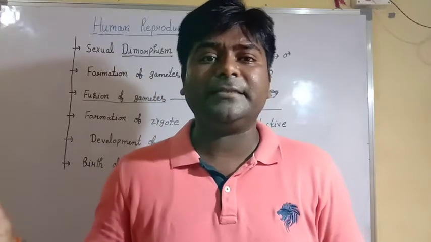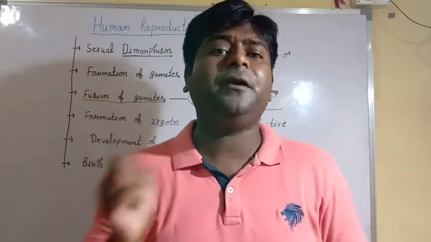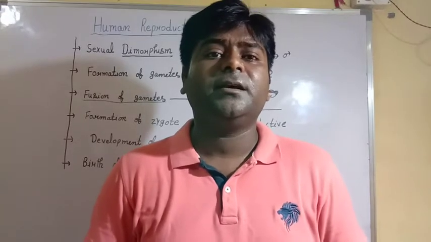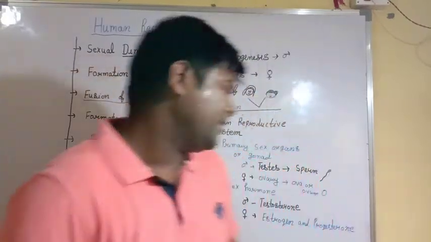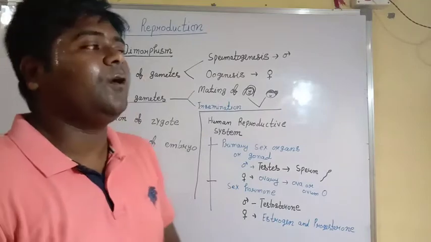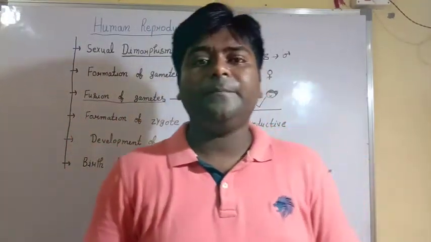All the females have a different way of production of gametes. In our syllabus, we will discuss the ovarian cycle in detail. It is also known as the menstrual cycle. These are the two basic hormones, estrogen and progesterone.